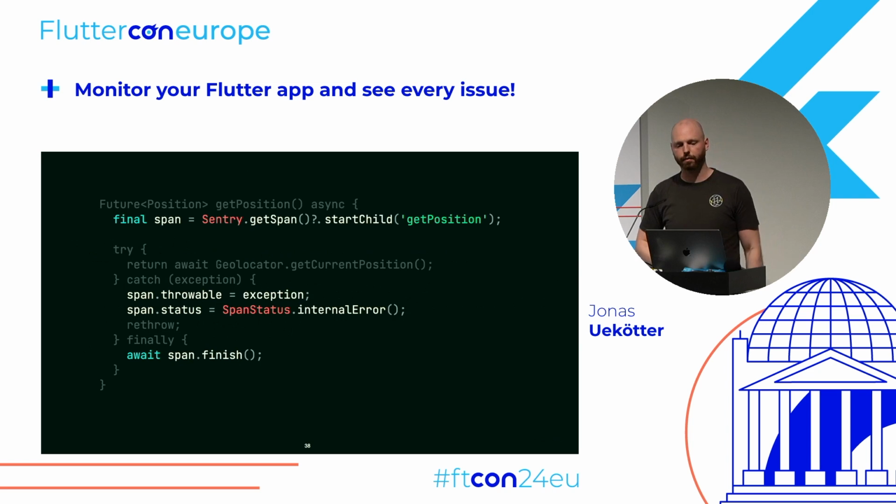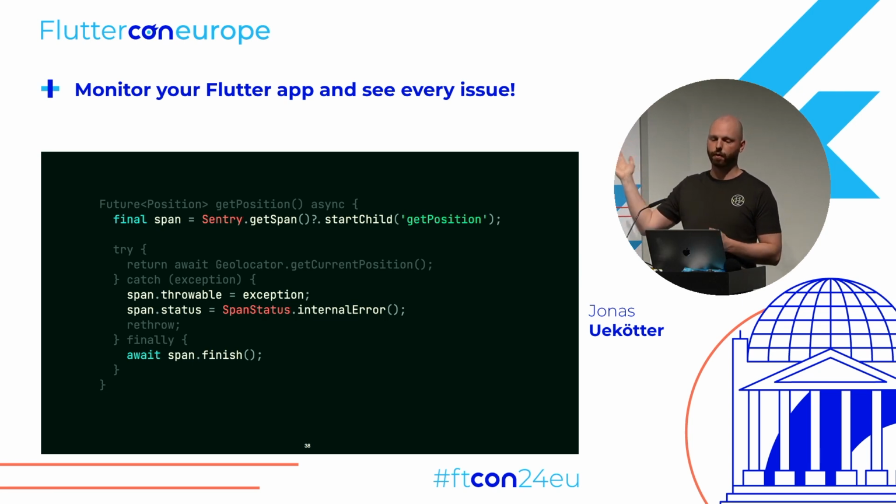And then lastly, we do some manual instrumentation for the GPS lock to figure out how long that takes. First, we're looking up whether there's a current active span, and then starting a child for that. We're wrapping the getting of the current location in a try-catch because we also want to know how many of those traces are successful or not successful.